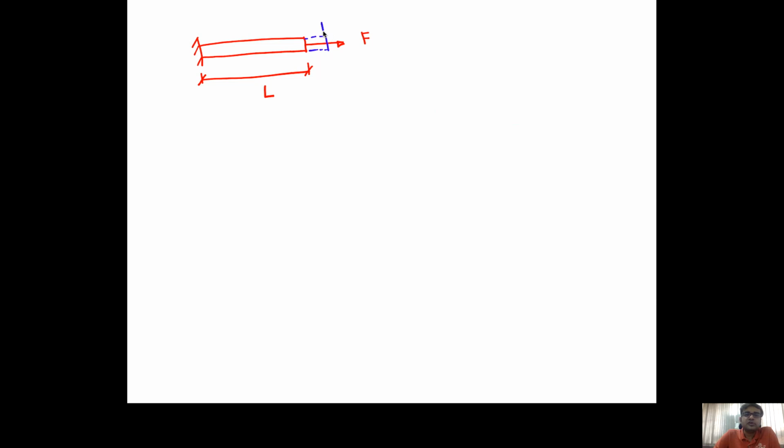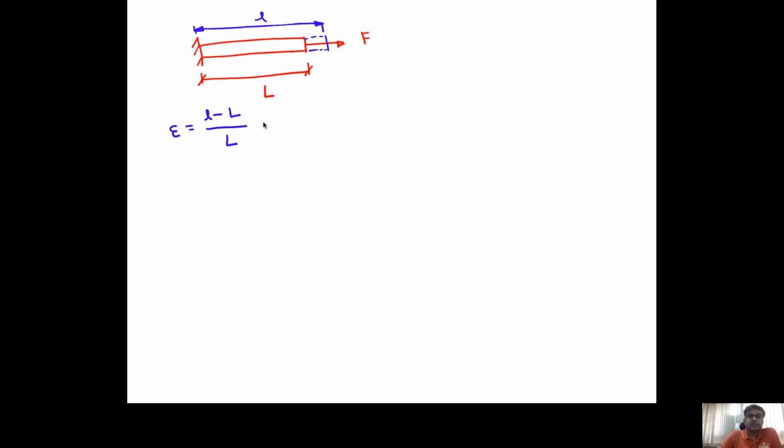So this deformed or elongated bar length is given by small l, and for this bar the strain we define by epsilon. So strain is nothing but final length minus initial length by initial length.